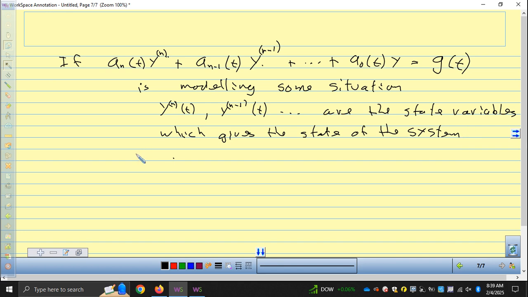G of t we call the input function, or driving function.